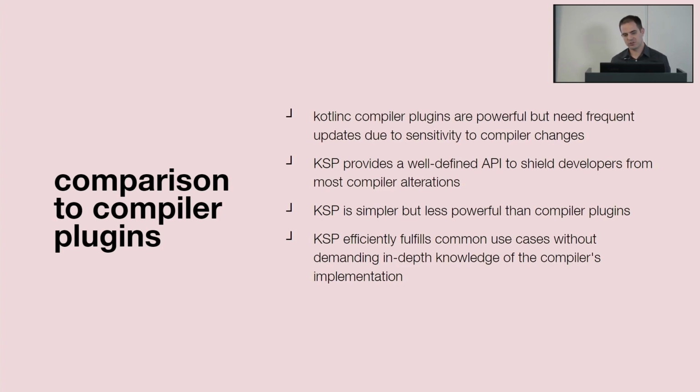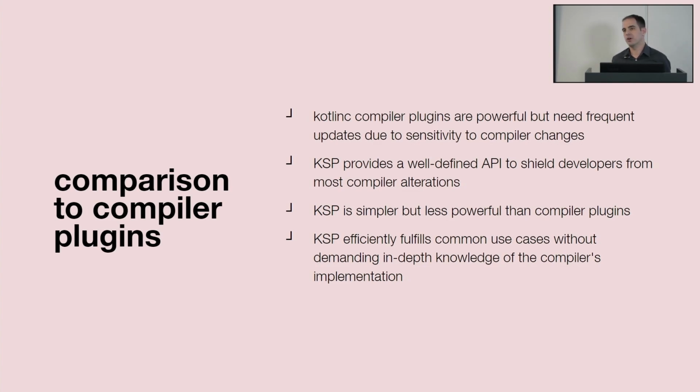Let's compare this technology to the previous ones. If we compare it to the Kotlin compiler plugins, we can see that those are very powerful, but as I mentioned, those are tied very closely to the Kotlin compiler and sensitive to changes. One of KSP's best abilities is that it has a very well-defined API, which is stable, and it shields all the sensitivity and all the nuances of the compiler from you as a symbol processor developer.